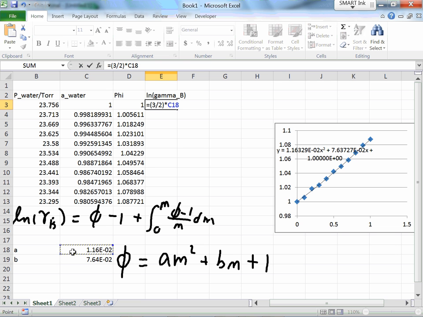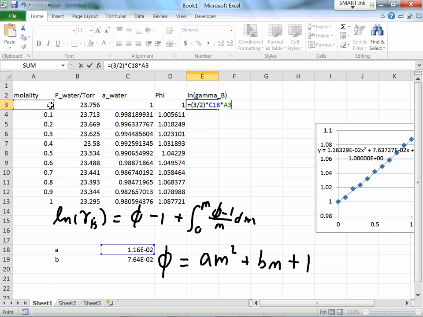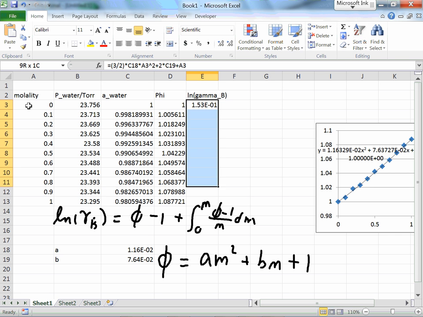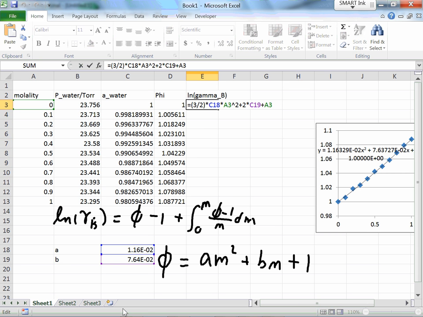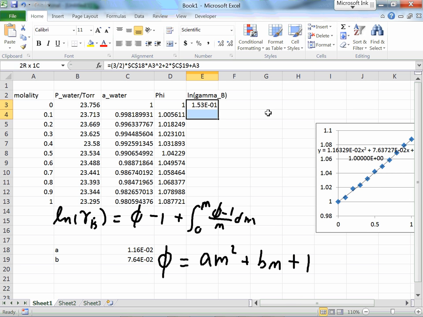This is our a times m squared, and our molality is over here, plus 2 times b, which is this one from our polynomial fit, times m, which is also this one. So that's your ln gamma b, and you can just copy that down. To copy that, I want my C18 and my C19 addresses not to change. So $C$18, $C$19. Okay, let's copy that down.